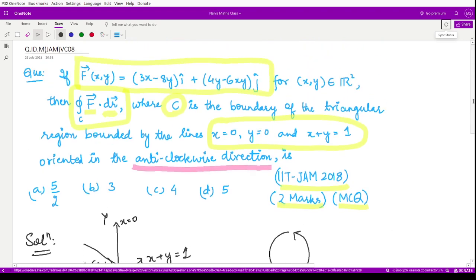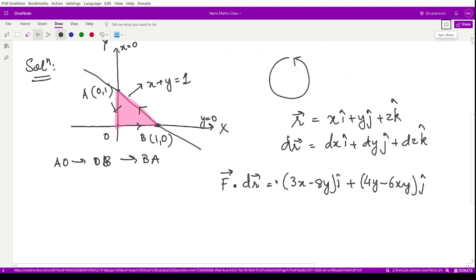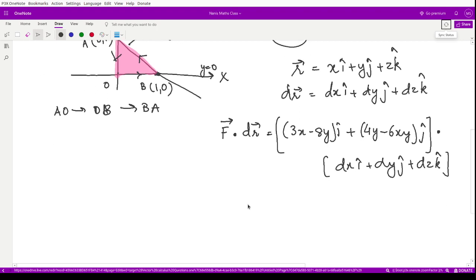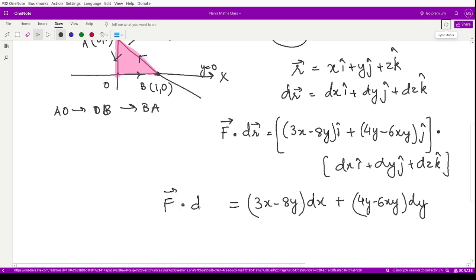This is the given vector. Then you have the vector dr, which is dx i cap plus dy j cap plus dz k cap. So when you take the dot product, you will end up with 3x minus 8y into dx plus 4y minus 6xy into dy plus 0. So this is your vector f dot dr.